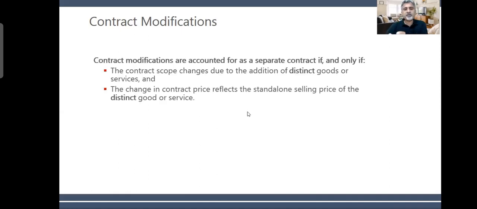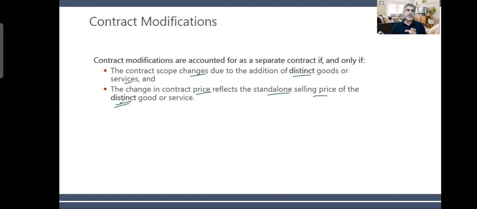So contract modifications are accounted for as a separate contract if and only if... modifications are possible. You will only consider them a separate contract if the contract scope changes due to the addition of distinct goods or services. If the scope of the contract changes, which means the nature of the job changes, or the change in the contract price reflects the standalone selling price of the distinct good or service.